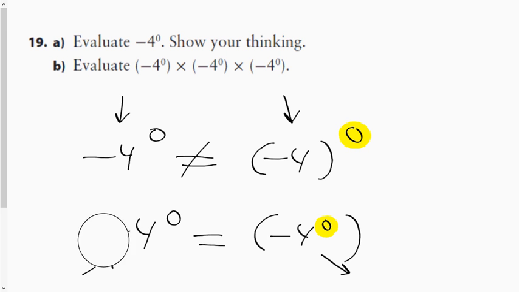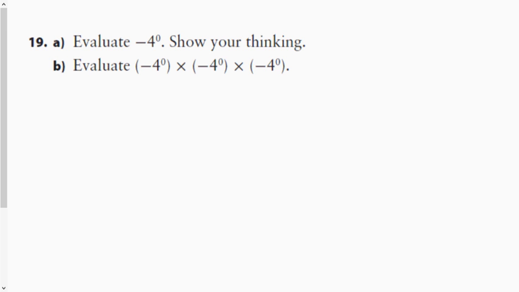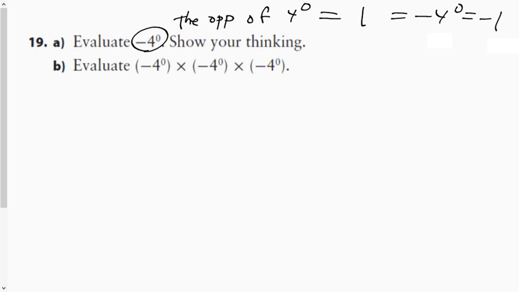So, because that's true, let's look at these questions here. What is this value? It says the opposite of 4 to the 0. Since 4 to the 0 is 1, then the opposite of 4 to the 0 is negative 1.